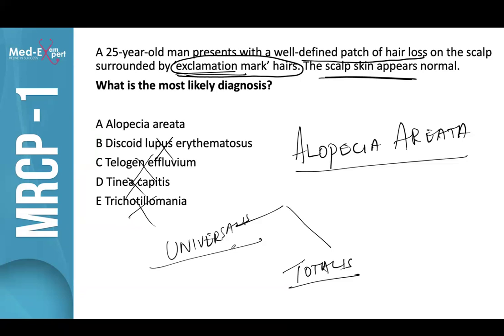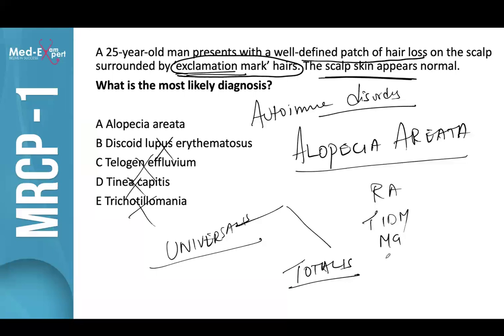The treatment includes a lot of things. And alopecia areata is associated with a myriad of autoimmune disorders, not one or two. You have to rule out rheumatoid arthritis, type 1 diabetes mellitus, myasthenia gravis, pernicious anemia, hyperthyroidism, so many autoimmune disorders.